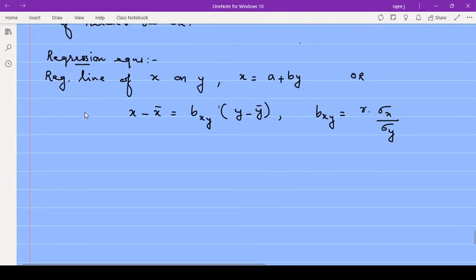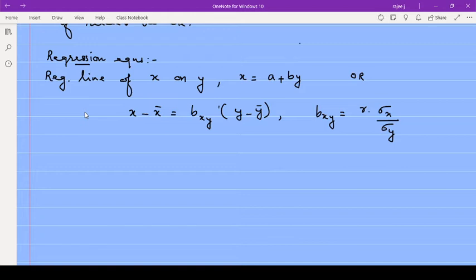So the regression equation of x on y is given by x is equal to a plus by, or when you simplify, you will get an equation like this: x minus x bar is equal to bxy into y minus y bar, where bxy is r into sigma x upon sigma y.